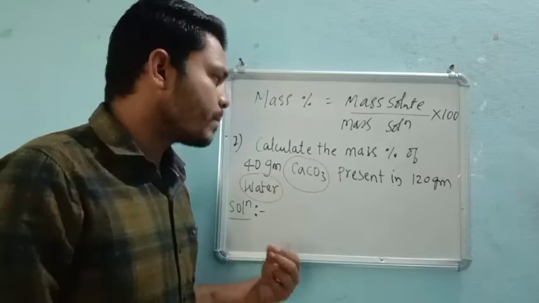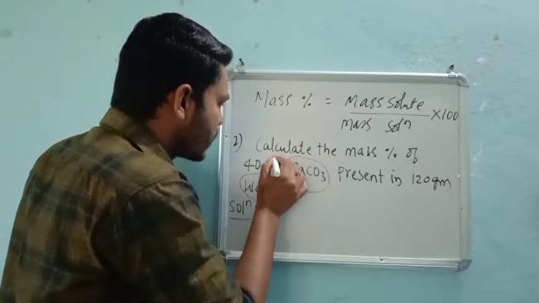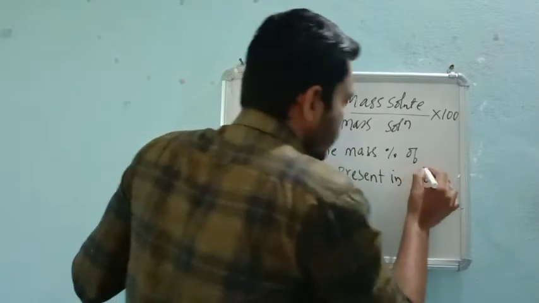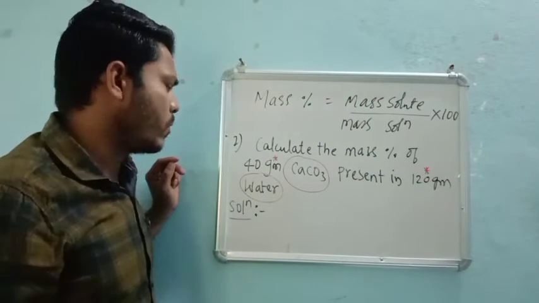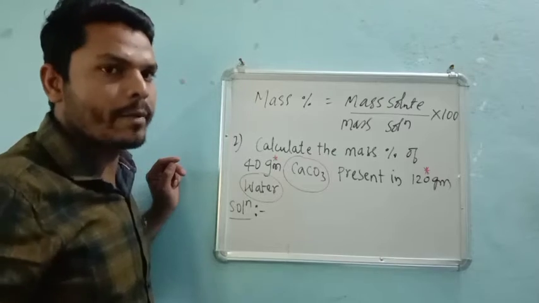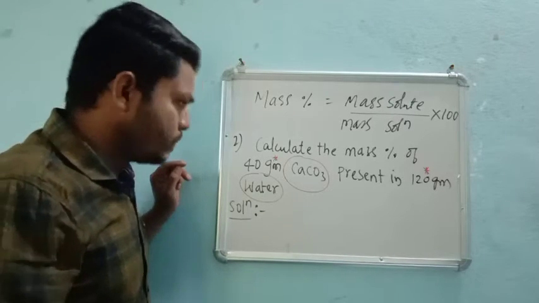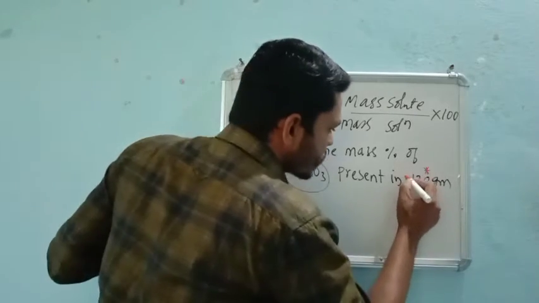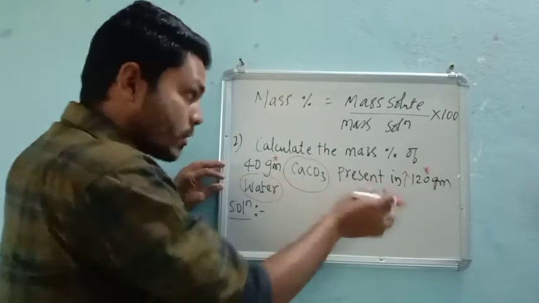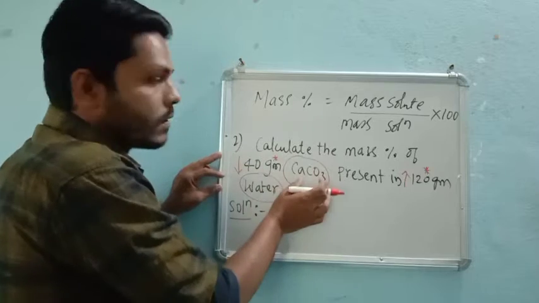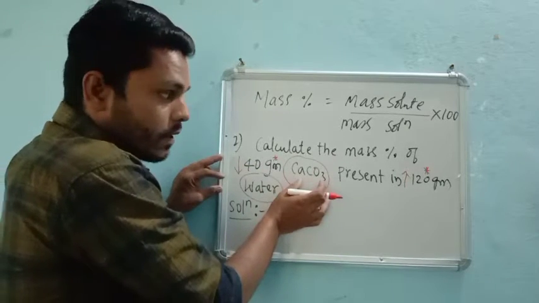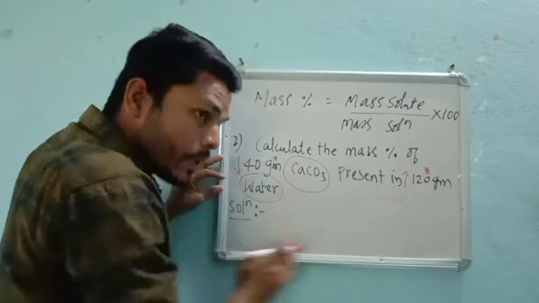They have given the values in gram, so just check whose gram is more and whose is less. It is a complete solution.